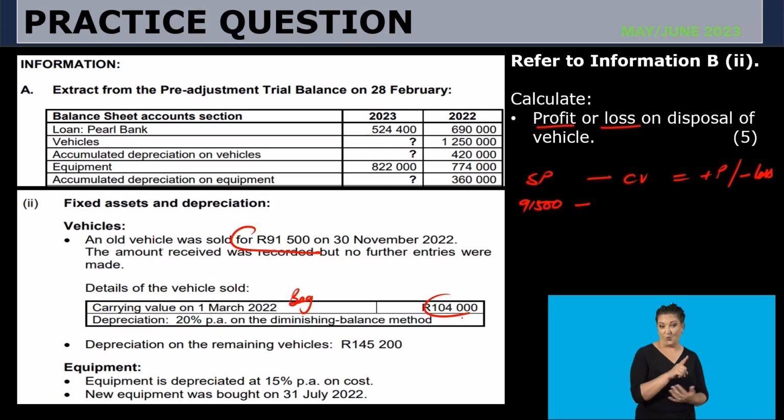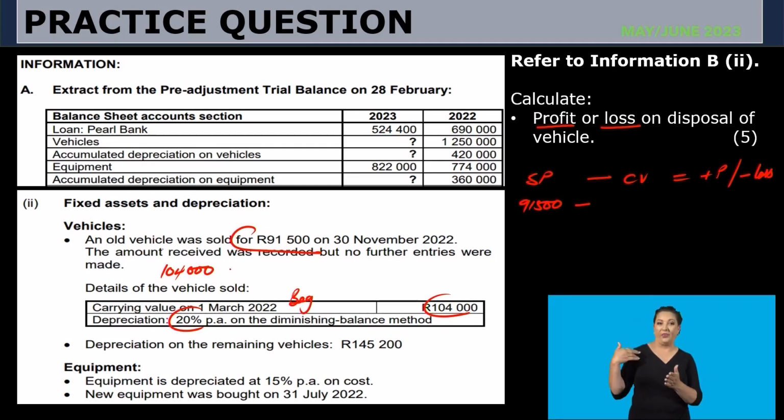That is 104,000. So we know that we have used the asset in this year. So I'll now say my carrying value, which is 104,000. Depreciation is at 20% per annum on the diminishing balance method.